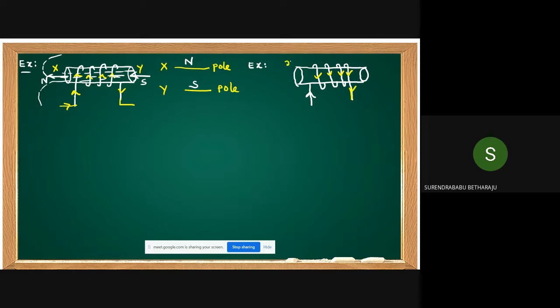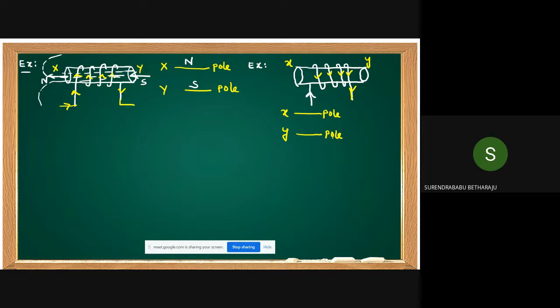Let this be X and this be Y. Then X acts as which pole, and Y acts as which pole? Again apply the right hand thumb rule. Curled fingers indicate the current direction.